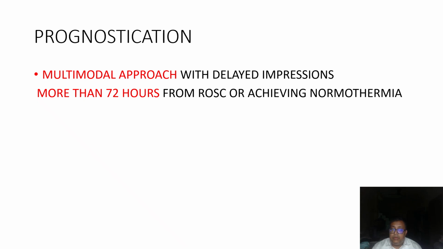Now it comes to prognosticating to the family, post cardiac arrest, about the prognosis of this patient who has achieved ROSC and to whom you have provided post-ROSC care. Always, as per the recent update, use a multimodal approach with delayed assessment, more than 72 hours from the ROSC or achieving normothermia.